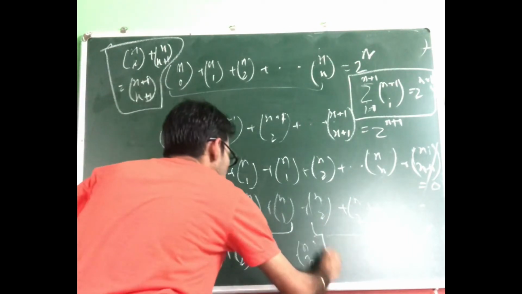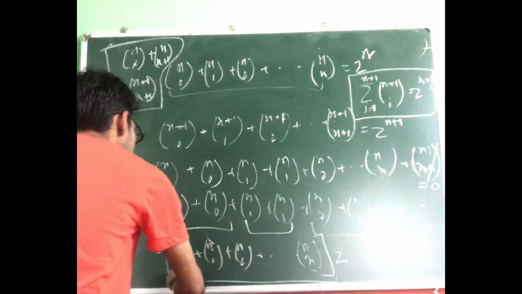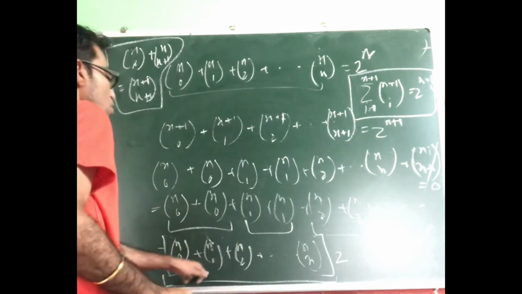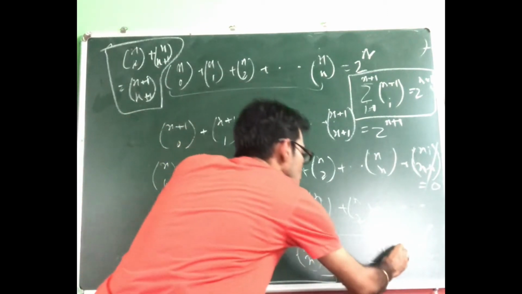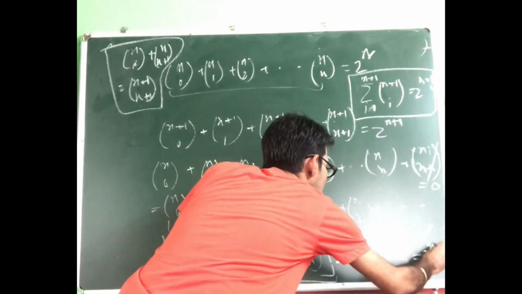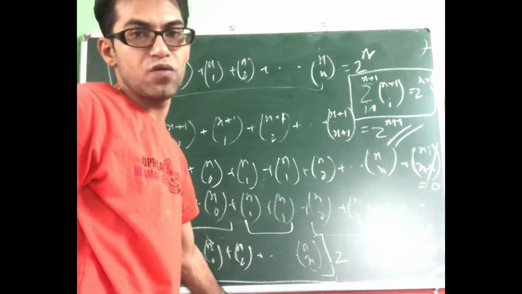We are having a total of 2. Using the induction hypothesis, we know this value is equal to 2 to the power n into 2, which is 2 to the power n plus 1, and that's exactly what we are required to prove.